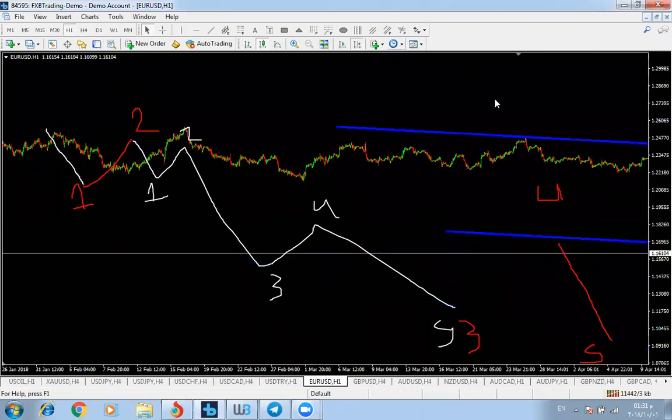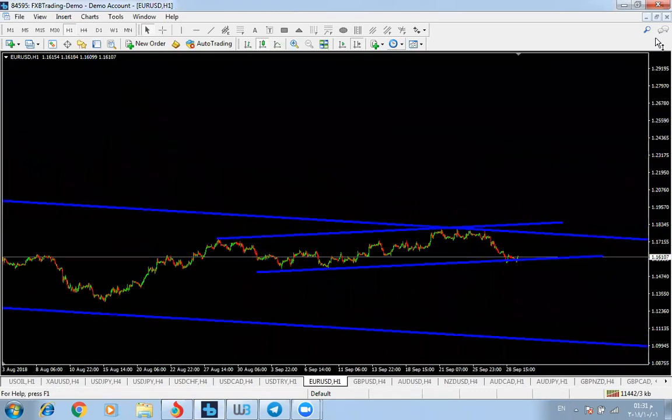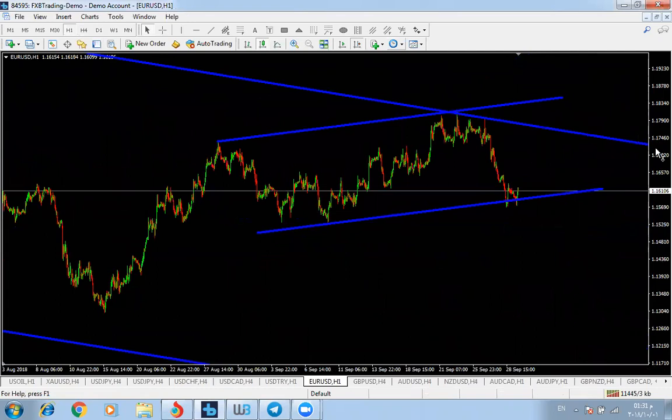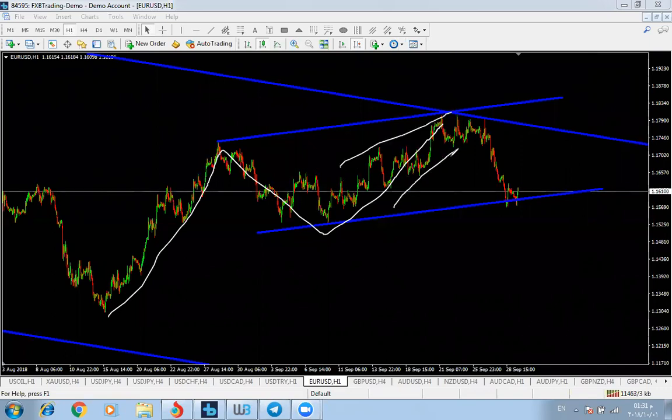Let's go to the 1 hour chart. Price has moved in the form of a regular expanded flat to the upside. This is A, B, C, and we have seen the form of a contracting diagonal.